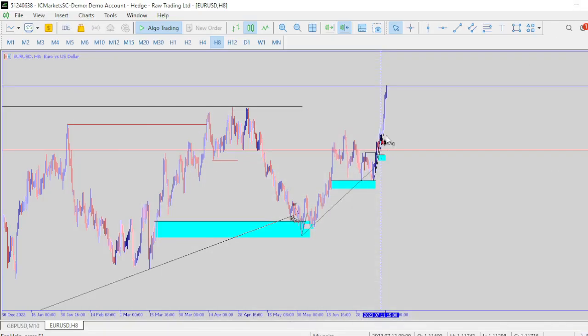You take your entry from 1 minute based on an internal pro-trend 30 minutes structure. You target it this high.